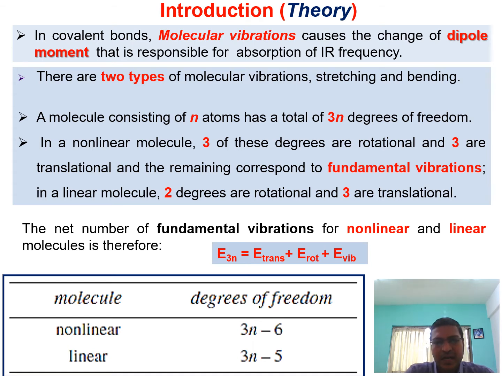If n atoms are present in the molecule, we can expect 3n degrees of freedom. In a nonlinear molecule, 3 degrees are rotational, 3 are translational, and the remaining correspond to the fundamental vibrations. In a linear molecule, 2 degrees are rotational and 3 are translational.